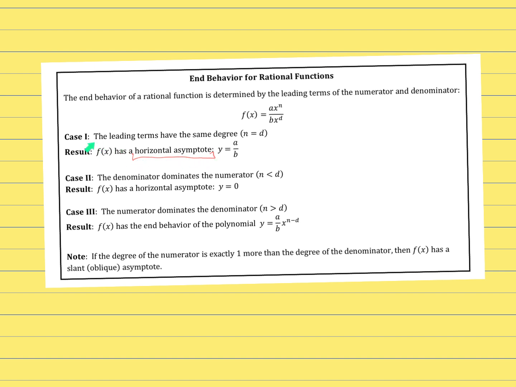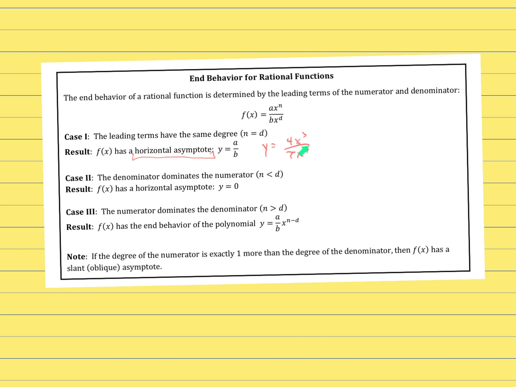If you take a look here, for the first case, the leading terms have the same degree, meaning the exponent in the numerator is equal to the exponent in the denominator. An example to take this out of this crazy abstract notation would be something like y equals 4x to the third over 7x to the third. Notice again, I have an a and a b, my 4 and my 7 as my coefficients, and I take a look at my exponents here, I have x to the third and x to the third.